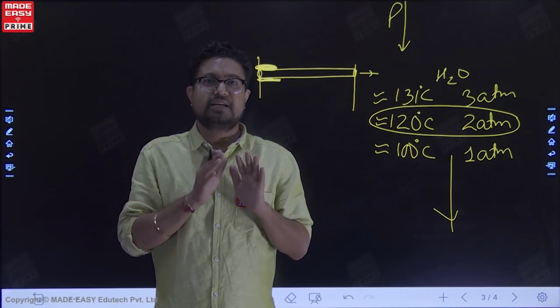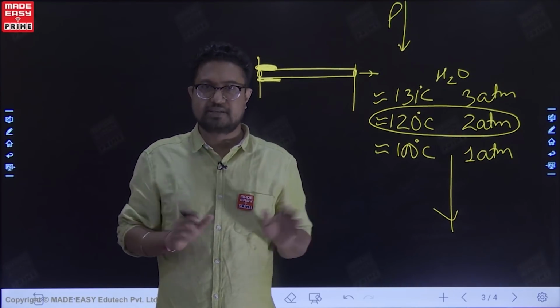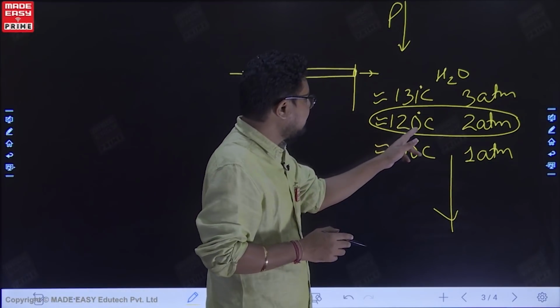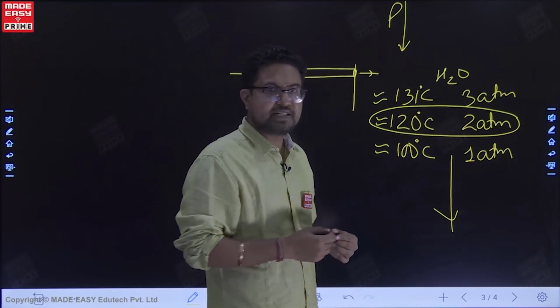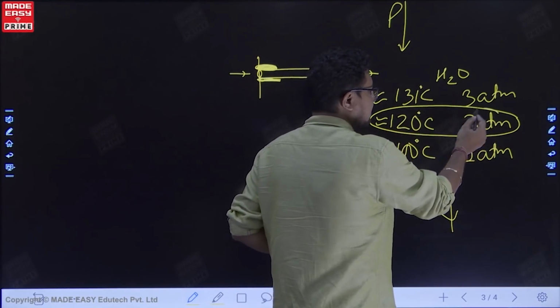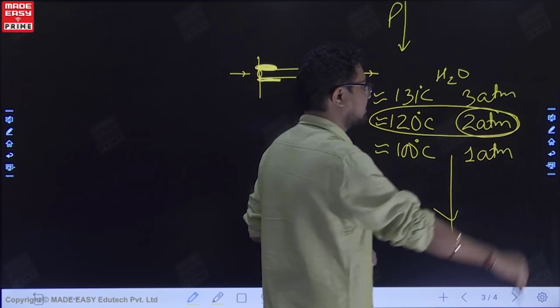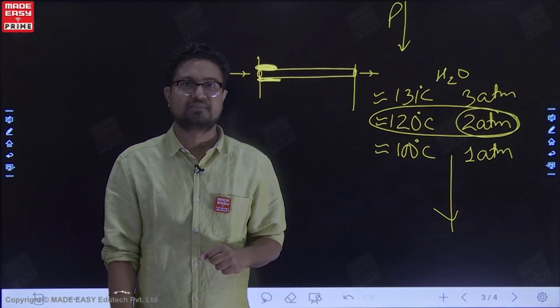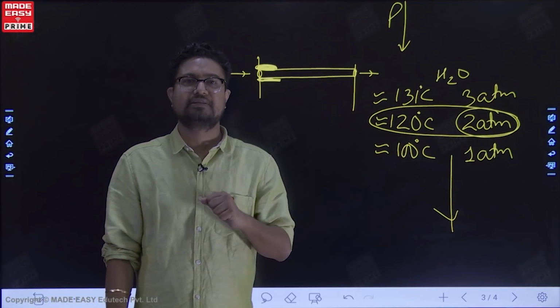Suppose somebody is not listening to this advice. The temperature inside is 120 degrees Celsius, that means it was almost boiling, and the pressure was 2 atmosphere. Now what did the person do?